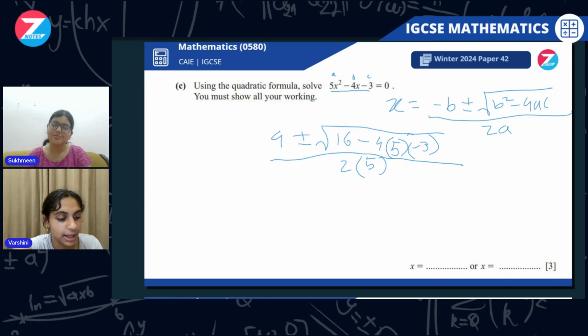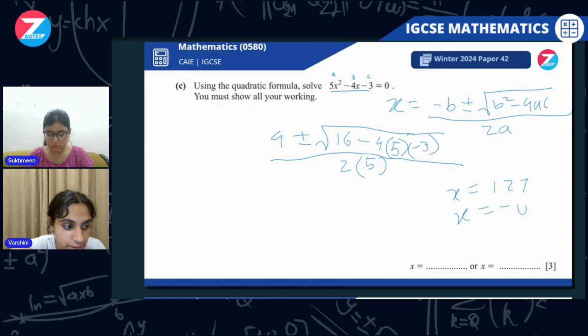So if you go to your calculator, there will be an option for equation, function, polynomial, and select 2, which is 2 degrees, and you put all these terms in, and you'll get x as 1.27, and you'll also get x as minus 0.47.